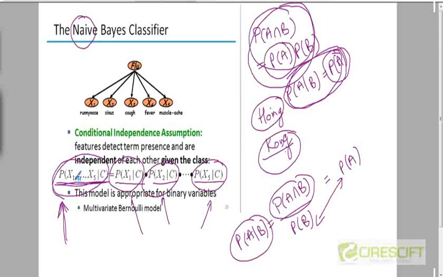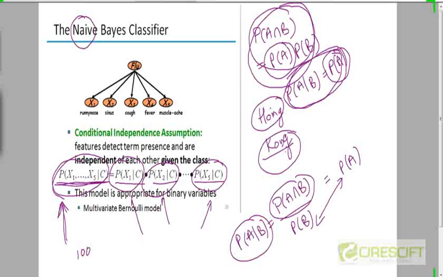the problem is that you're not just going to have five different combinations. You're going to have maybe hundreds of different words. Even if you just look at these five words, how many possible combinations of five words are there?